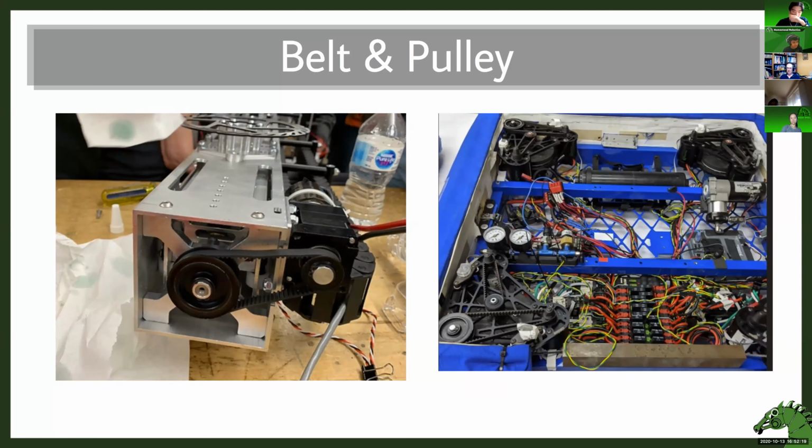Okay, so here are 2 things I found for places pulleys and belts are used. On the left there's an arm, spinning like a shaft in the middle. This is a motor here, the 775 Pro motor you saw earlier on the shooter.